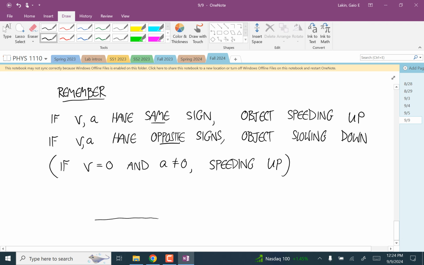Let's see if that helps. I'm going to try to draw it like that. Okay, so let's say the position versus time graph looks like this. Okay? And let's think about the motion at this instant here. A tangent line is horizontal, so the velocity is 0.